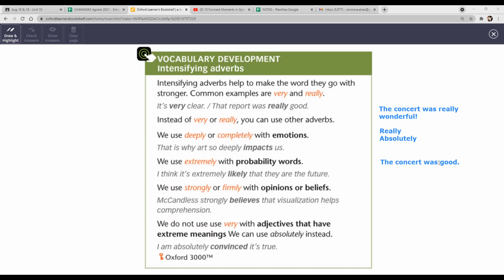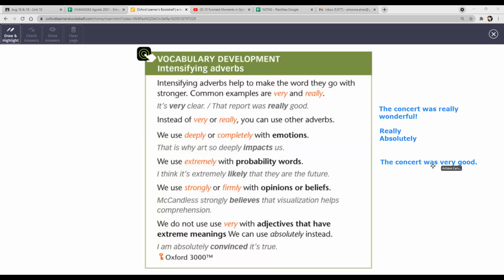In this one, I can say very, because good is gradable. If I want, I can also say, the concert was really good. It's possible too. But I don't say, the concert was absolutely good. No, that doesn't collocate. But I can say the concert was very good. I liked it. It wasn't wonderful, but it was very good.